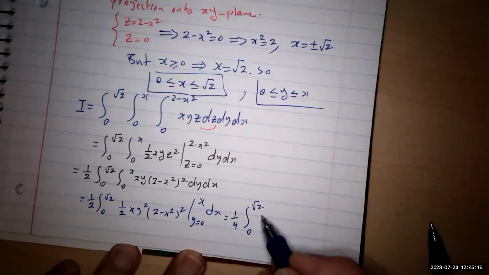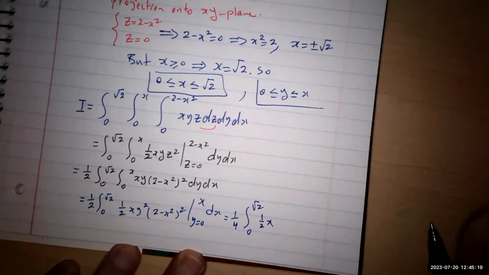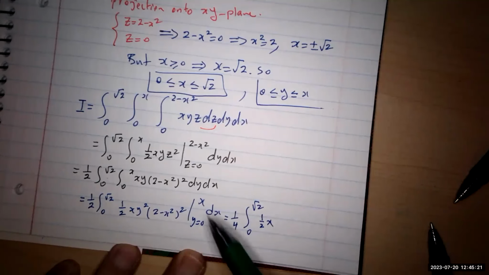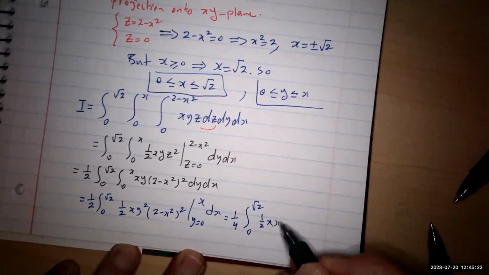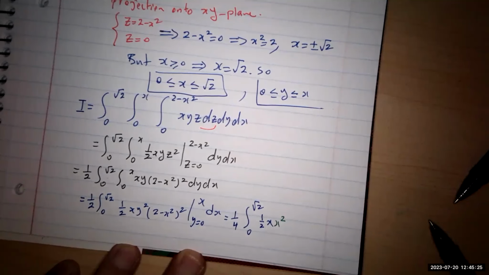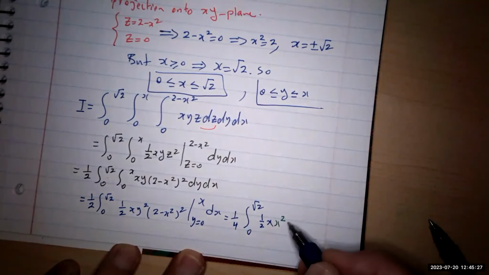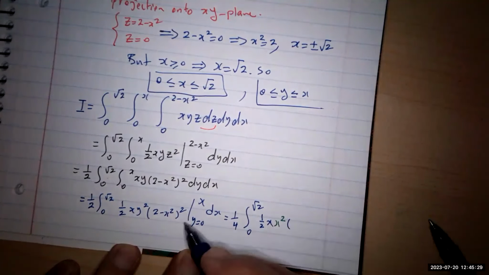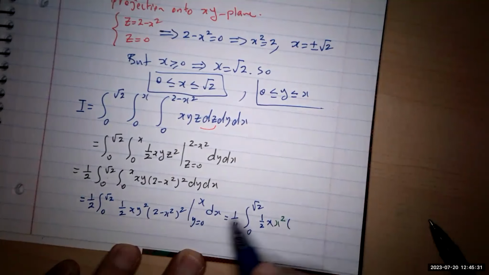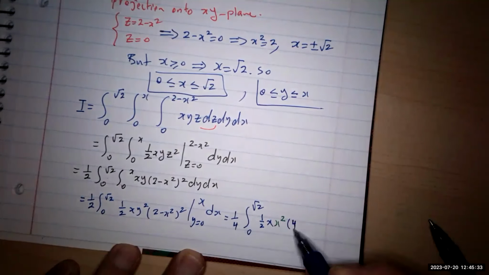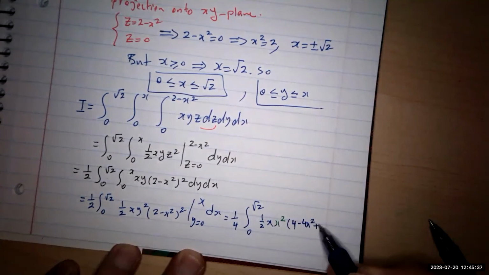So it's going to be just 1/2 X. You are going to have another X because of the Y, so that we get X squared, and this would be 2 minus X squared, squared. Eventually I have to square it, so I square it now: the square of the first, twice the first times the second, plus the square of the last part.